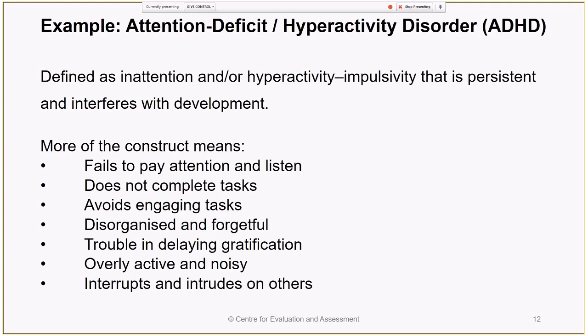They fail to pay attention, they do not complete tasks, they may avoid engaging tasks, the child might be disorganized and forgetful, they have trouble delaying gratification. They could be overly active and noisy and interrupt and intrude on others. So here we're starting to unpack the construct, and we want to measure more of this. And we also want to measure it coherently and cover the whole construct.